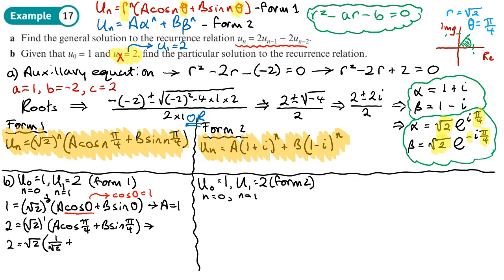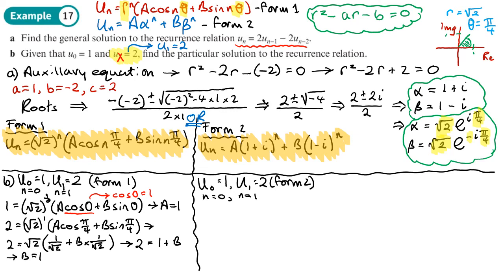Now if we multiply the brackets, these 1 over root 2s, when we times them by root 2, is just going to be 1. So we just end up with 2 equals 1 plus b times 1. So that's just b. So that gives us a value of b equal to 1.